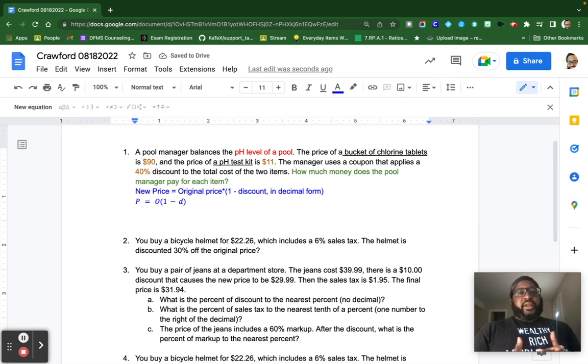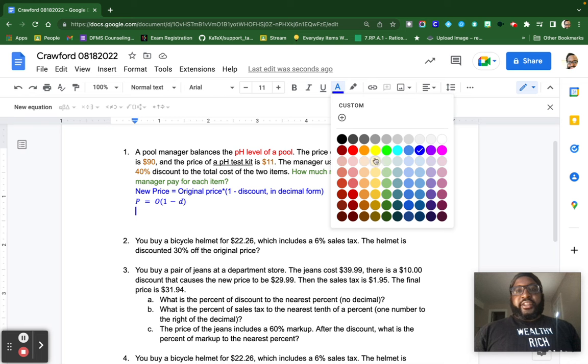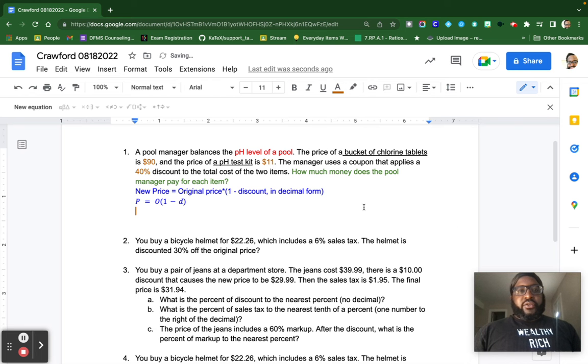So let's go ahead and make use of our equation. One thing about me is I like shortcuts, but before I do a shortcut, let's do something about that 40%. One thing I said is that the discount has to be in decimal form. So when you hear 40% discount or 40% off, that's the same thing.